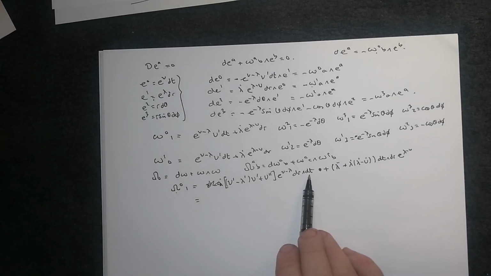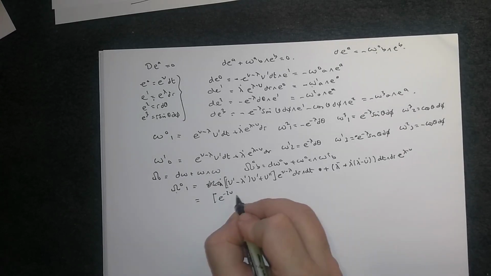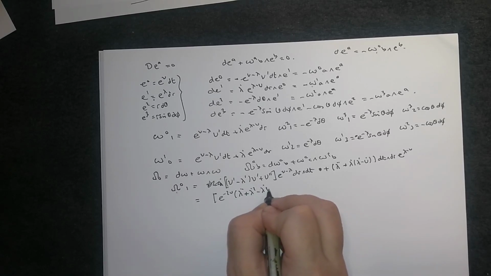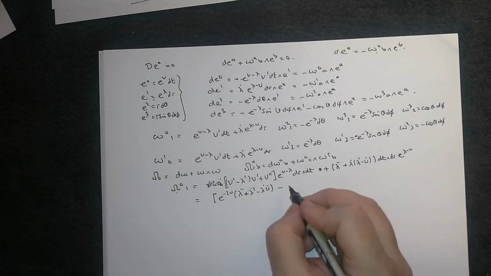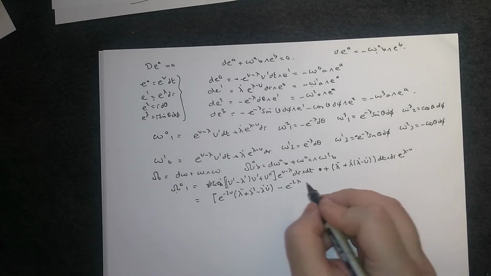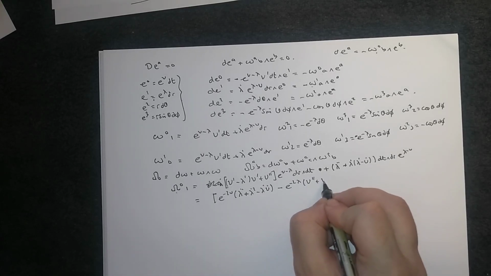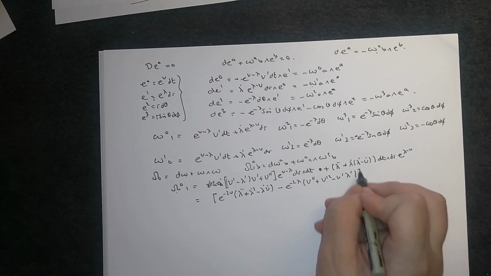So write this out in terms of these things here, and we're going to get e to the minus 2 nu into lambda double dot plus lambda dot squared minus lambda dot nu dot, so that term, minus e to the minus 2 lambda into nu double prime plus nu prime squared minus nu prime lambda prime.